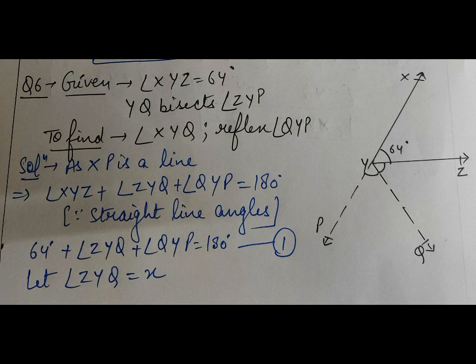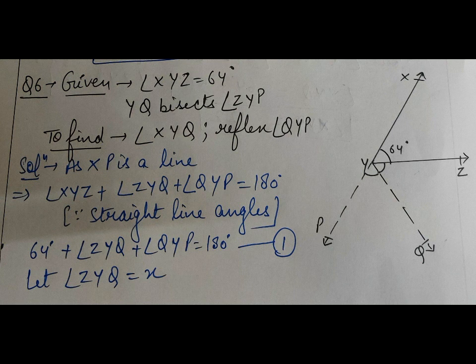As XP is a line, we can say by straight line angles that angle XYZ plus angle ZYQ plus angle QYP is equal to 180 degrees. And then in the next step I have just kept the value of angle XYZ. After keeping the value, we will get 64 degrees plus angle ZYQ plus angle QYP is equal to 180 degrees, and name this equation number 1.